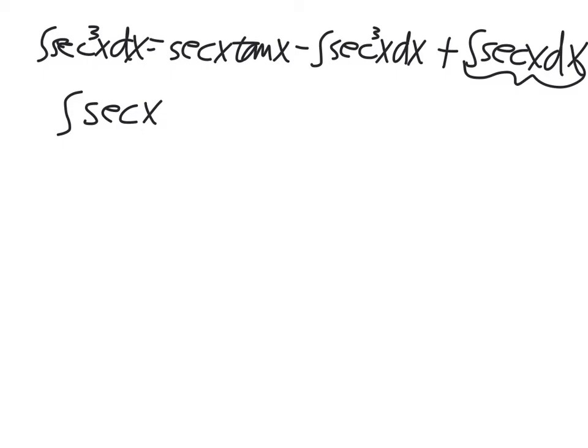I'll show you. Somebody came up with the brilliant idea of multiplying secant x, or secant x over 1, by the fraction secant x plus tangent x over itself.